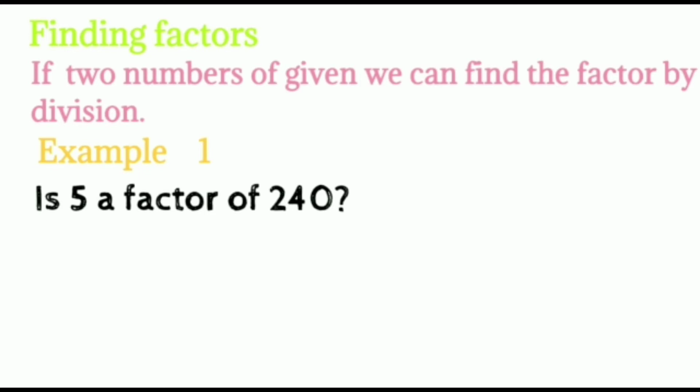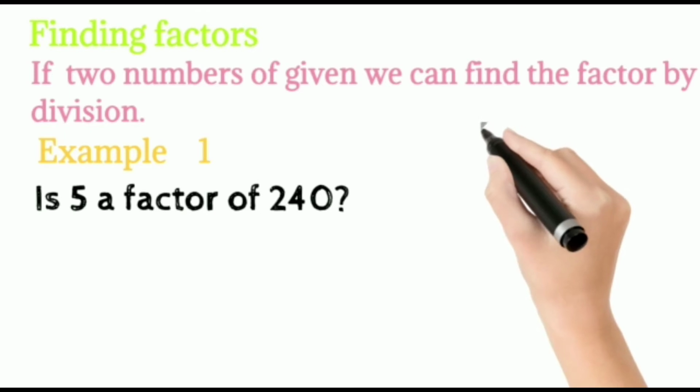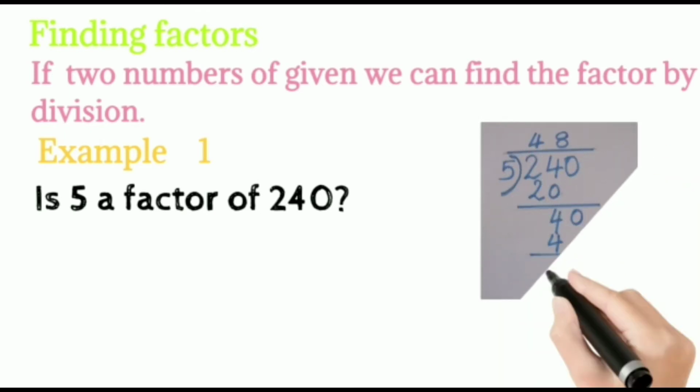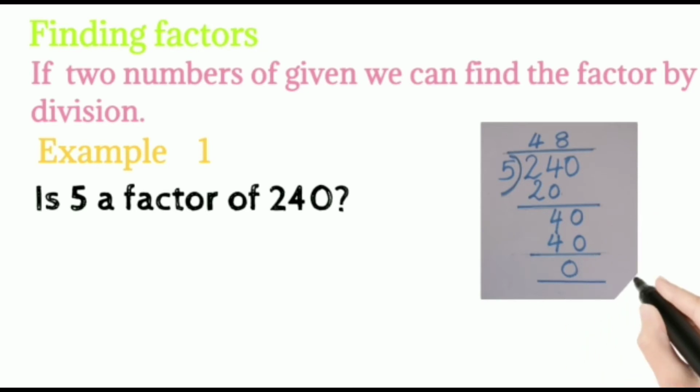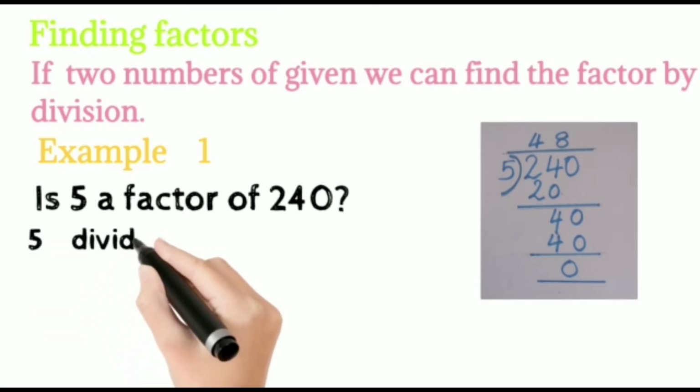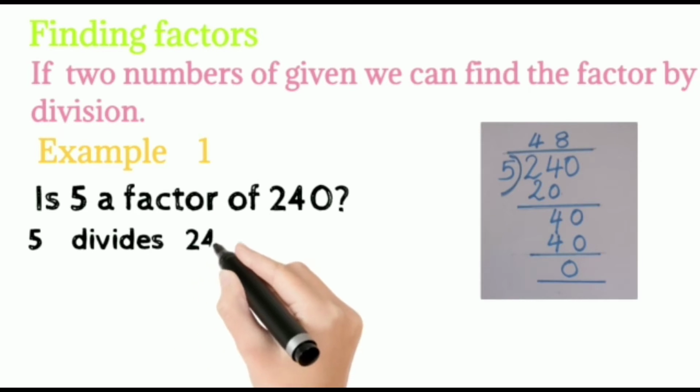Here the divisor is 5 and the dividend is 240. When we divide, we get the remainder 0. Quotient is 48. That means 5 divides 240 exactly.